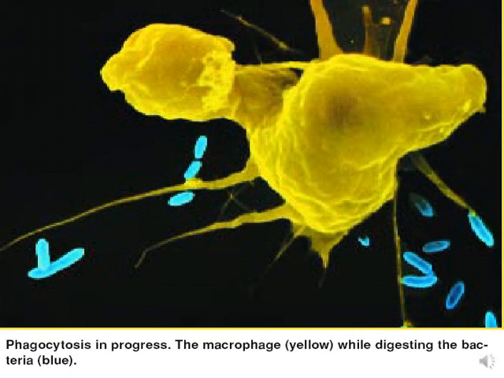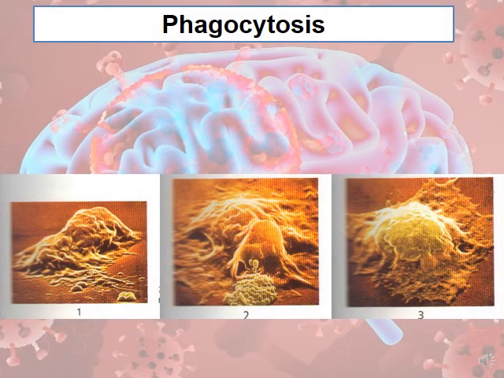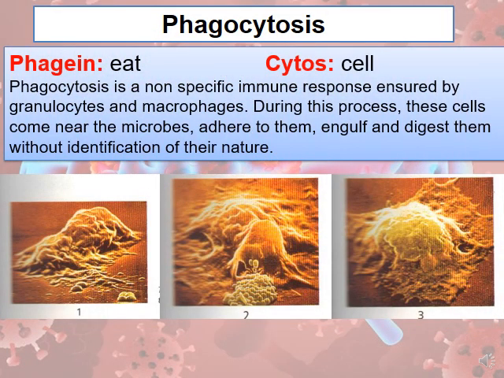Here the macrophage, which is yellow in color, is digesting the bacteria that are blue in color. Phagocytosis: phagon means eat, cyto means cell. So phagocytosis is eating other cells. There is a definition for phagocytosis.